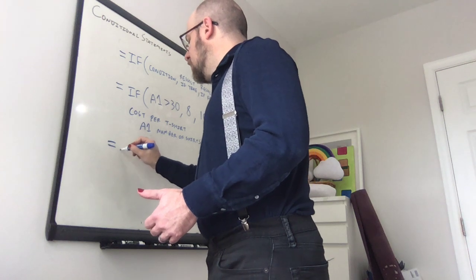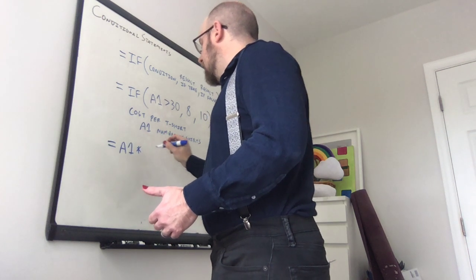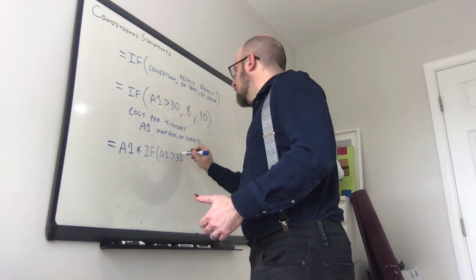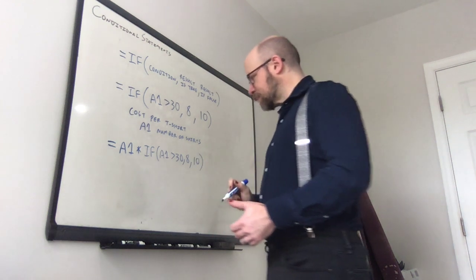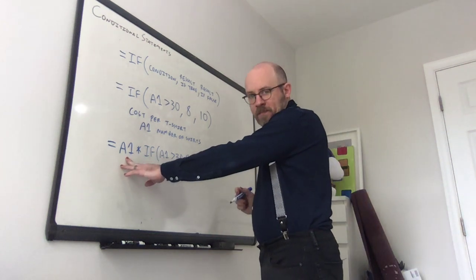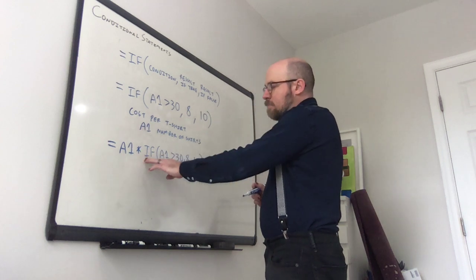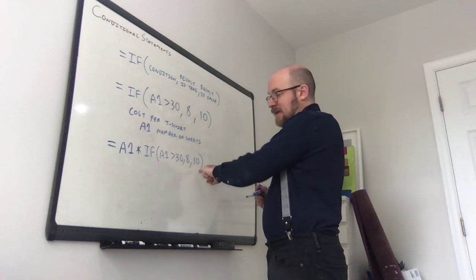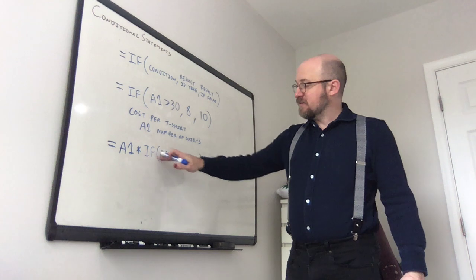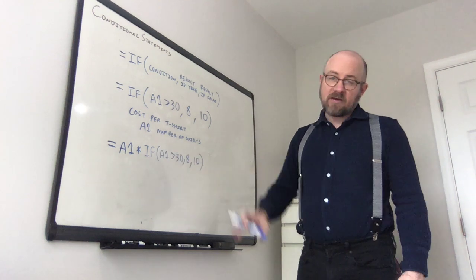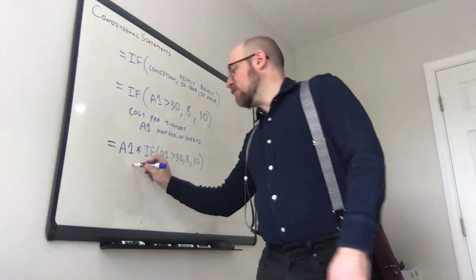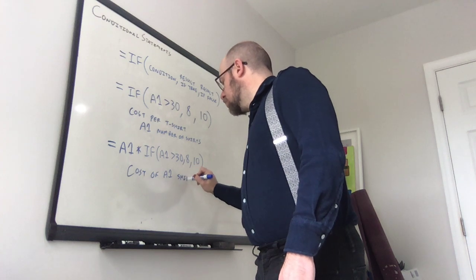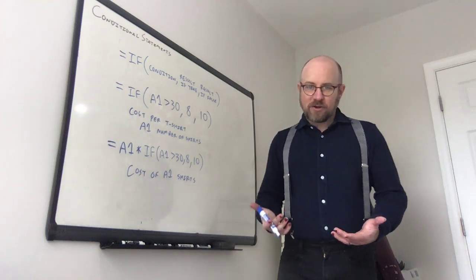And so if you write equals A1 times if A1 greater than 30, 8, 10, this is going to take the value in A1, so the number of shirts that you've sold, and multiply it times either 8 if A1 is greater than 30, or 10 if A1 is less than 30. So it replaces this whole thing with either 8 or 10 depending on the condition. Okay? And so this will give you the cost of A1 shirts. Okay? So this is really very useful.